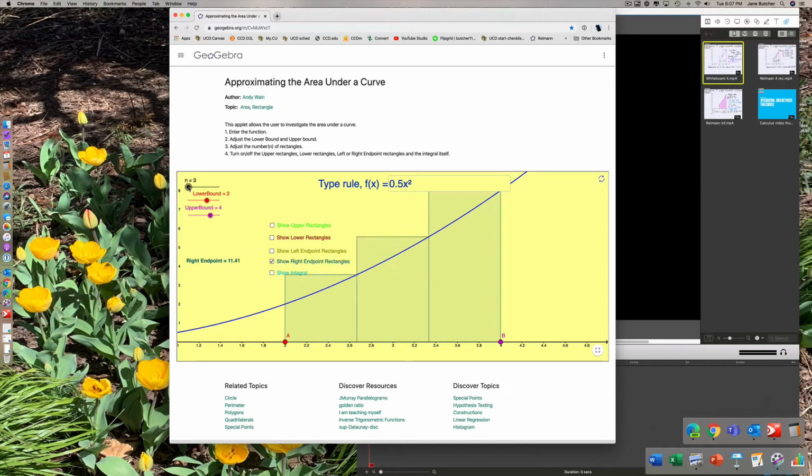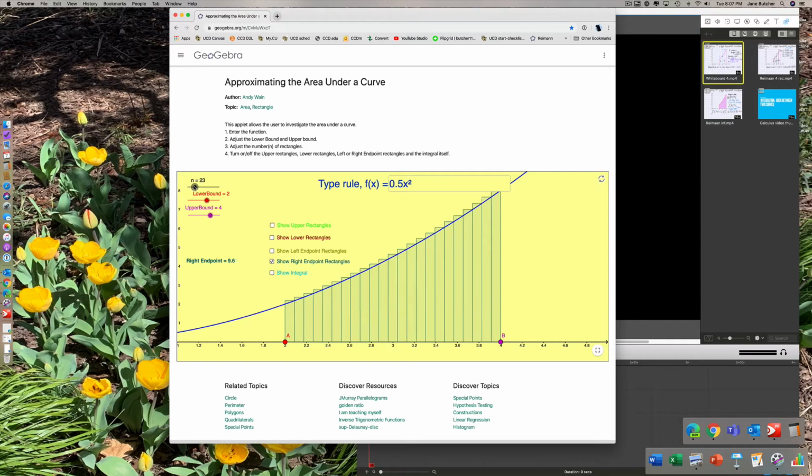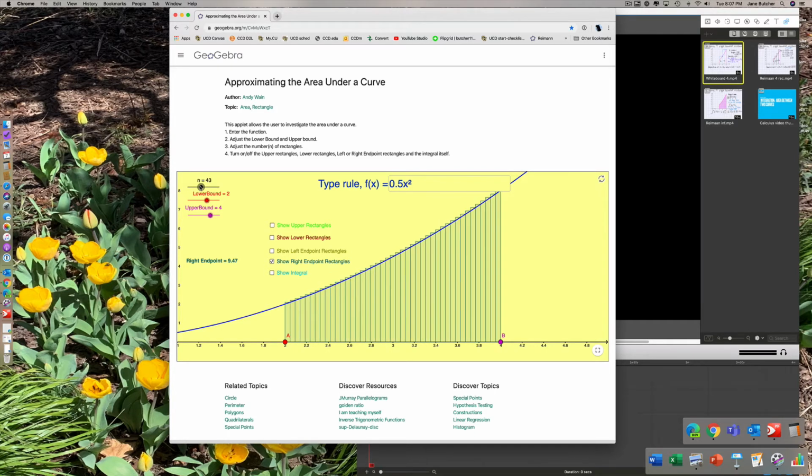We can increase the number of rectangles to 4, and we're going to be doing the longhand. And then that area that we're overestimating by goes down. So it's not quite as large. It's still pretty far off the actual area under that curve. As we increase the number of rectangles, that extra area goes down and our approximation gets better and better and better.